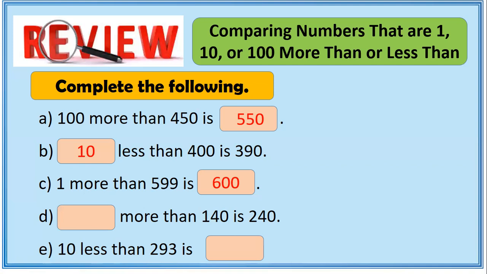So what number should be added to 140 to make it 240? The answer is, that's right. And for the last letter, letter E, 10 less than 293 is, all right.